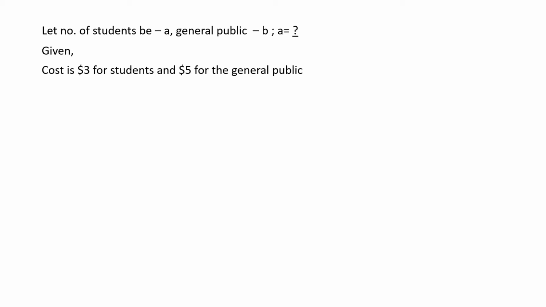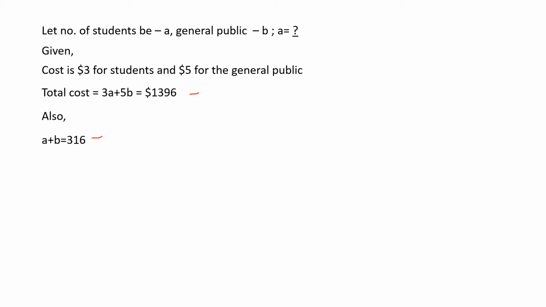We're given that the cost for students is $3 and for general public it's $5. So the total cost will be 3 into A plus 5 into B. Okay, and we're given that the value is 1396. And we're also given the number of people attending were 316. So A plus B is 316.